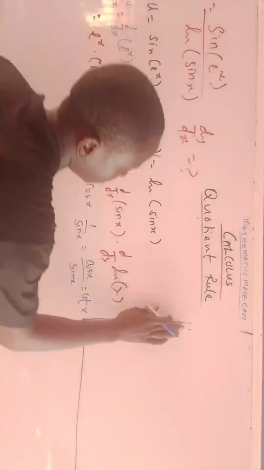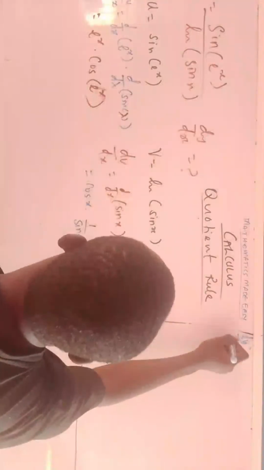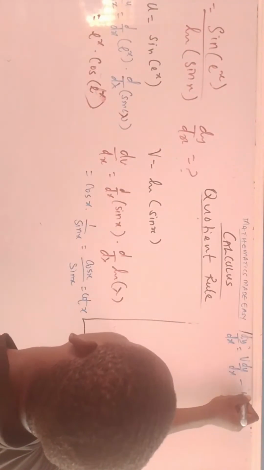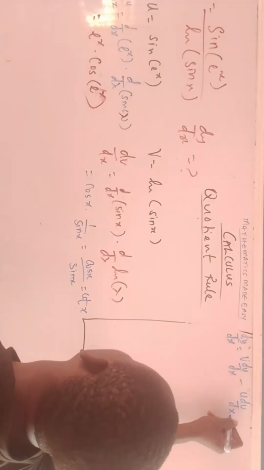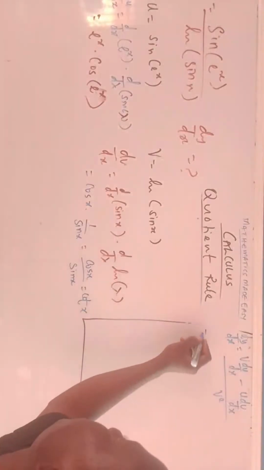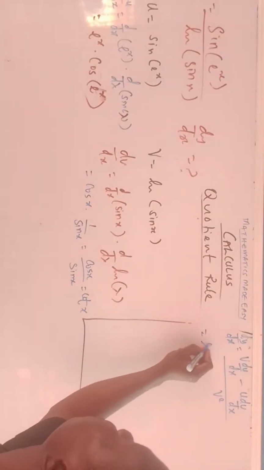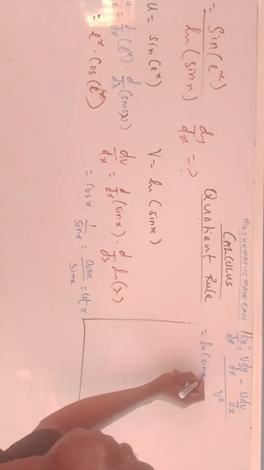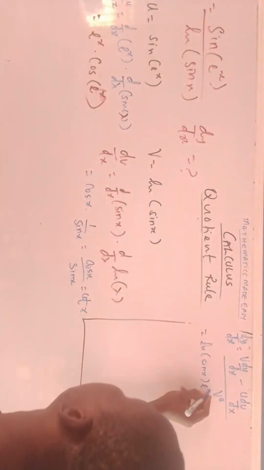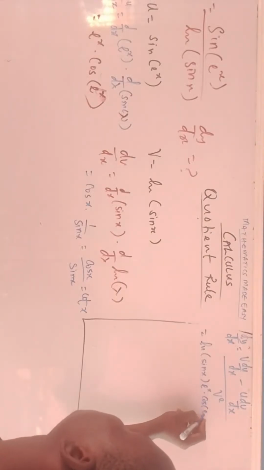Which says that dy/dx is equal to v du/dx minus u dv/dx, then everything over v raised to the power of 2. So this will give us v, which is natural log of sine x, then du/dx, which is exponential x, multiplied by cos exponential x.